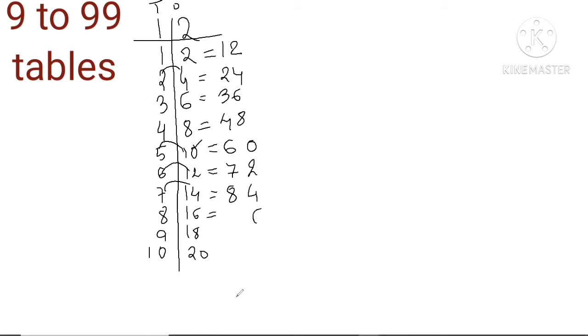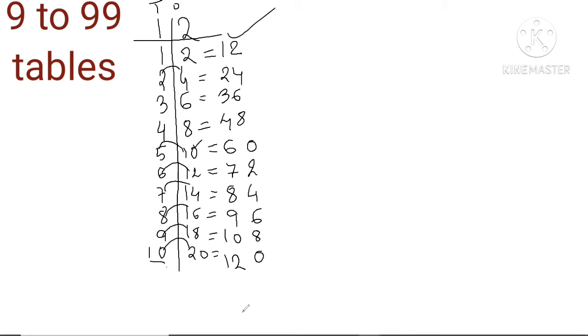Then 6 you write down here. 8 plus 1 is 9. And then 8 you write down here. 9 plus 1 is 10. 0 you write down here. 10 you have to take as a whole number. 10 plus 2, that is 12. So this is your 12th table. I hope it is very easy.